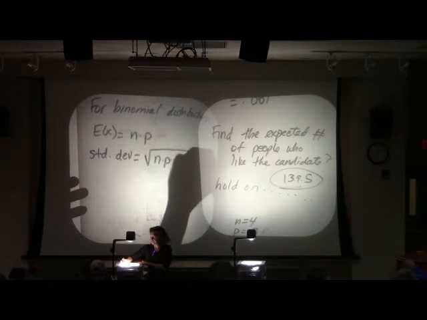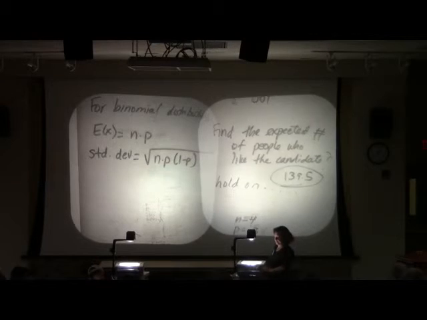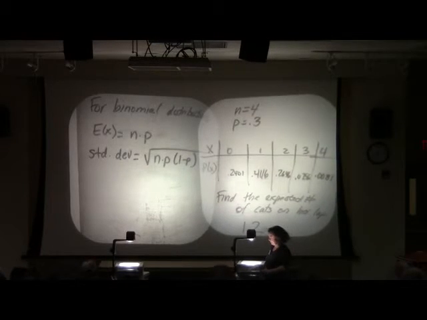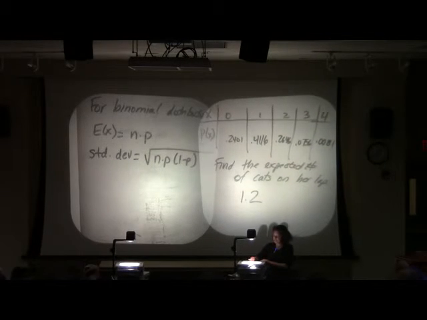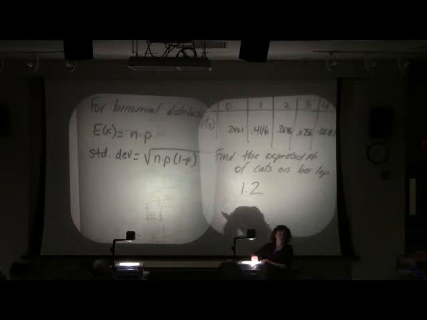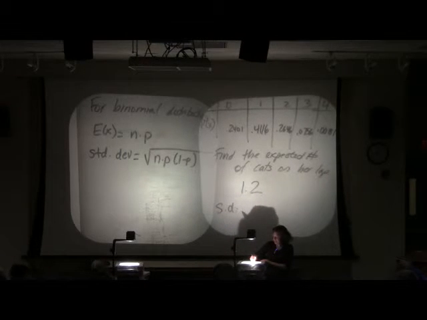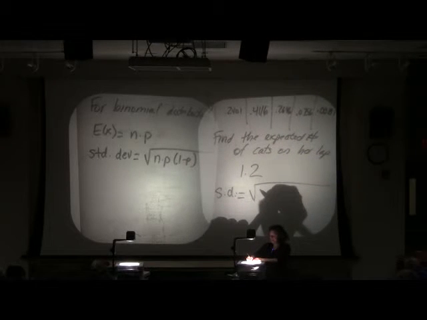All right, the other formula I want to give you is your standard deviation. It's the square root of n times p times 1 minus p. Should we find the standard deviation for this kitty cat thing? Why not? It's the square root of, what is n? 4.